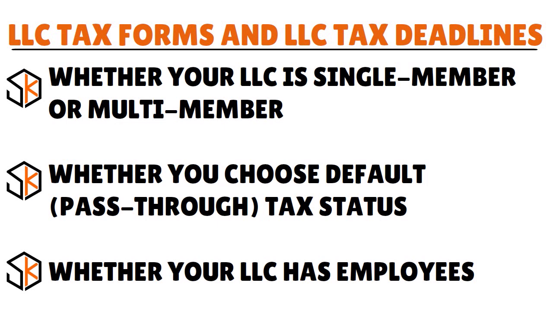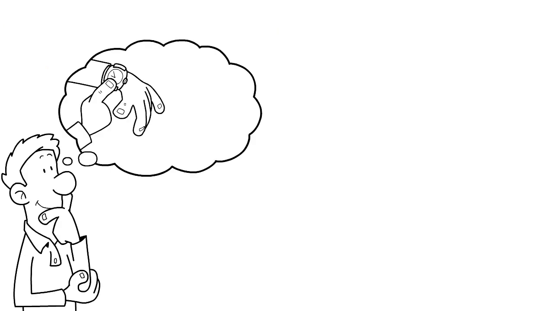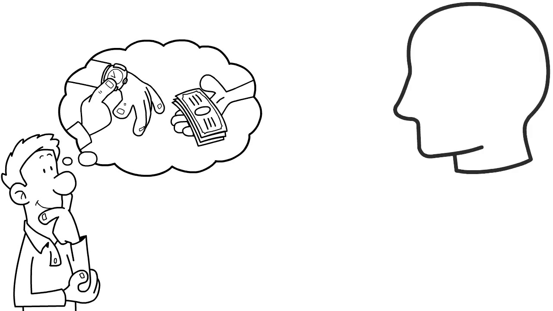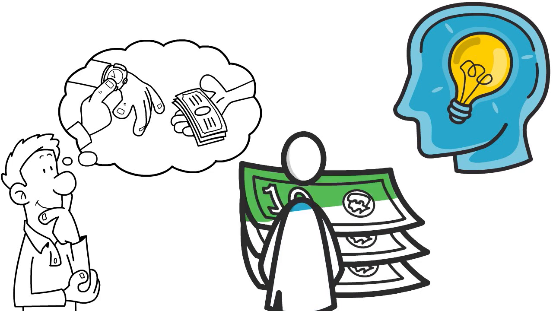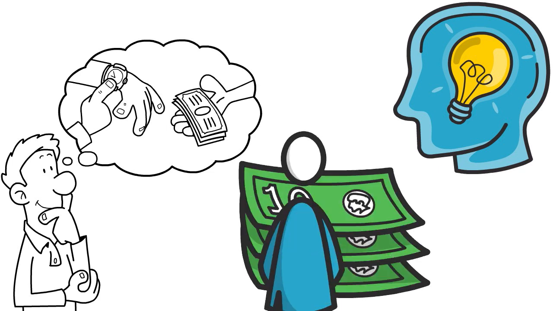Those are very important. And obviously, when we speak about estimated quarterly tax payments, you have to have a clear understanding of your income or your revenue, for that matter.